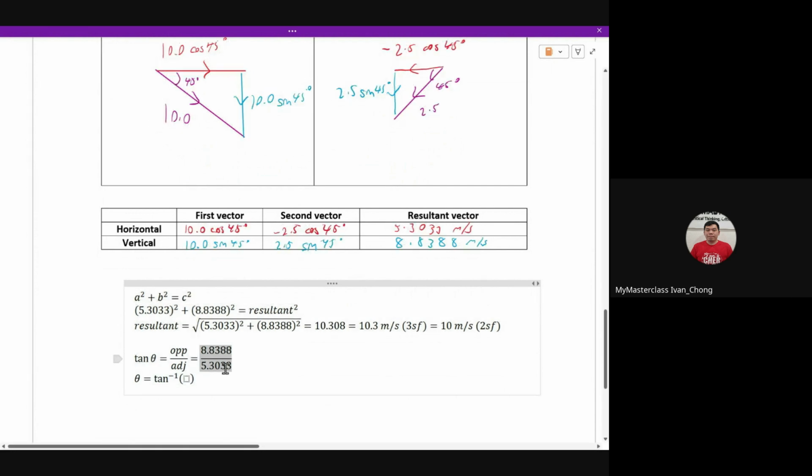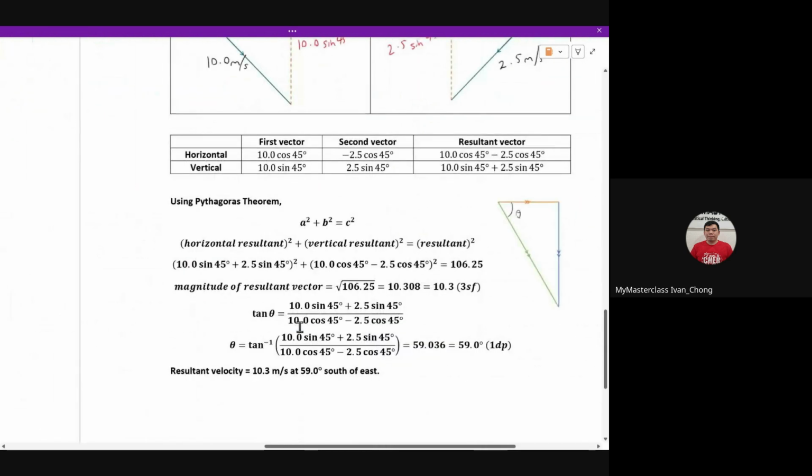We take tangent inverse of this value. So we equal this tangent inverse 8.8388 over 5.3033, close your bracket, you should end up with 59.036. And because this is an angle, we'll take 59.0. Okay, we use one decimal place.